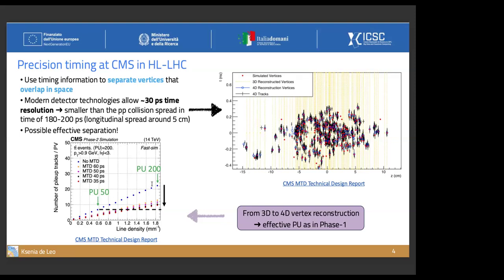You see that without the use of timing, the blue dots, we would have a much higher number of tracks, while with the inclusion of timing, we go down and reach a level that is comparable to the one that we have now in Run 3. So we will have the same pileup environment, for which we already developed very nice tools that work very well for pileup mitigation.